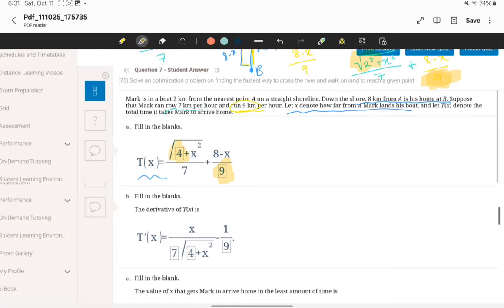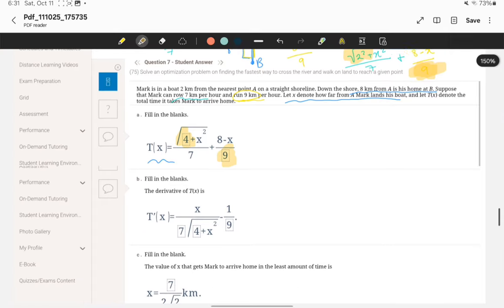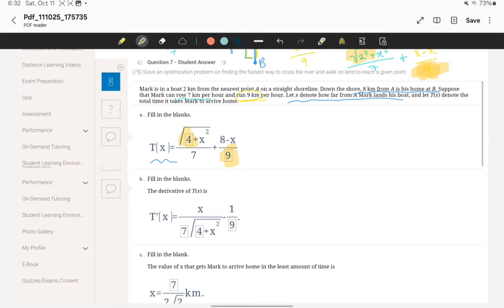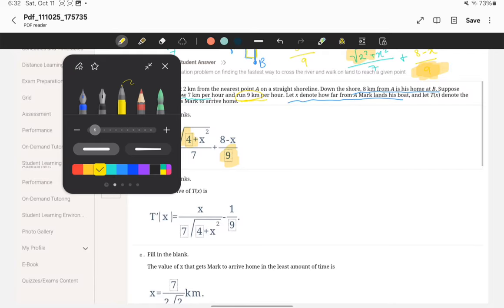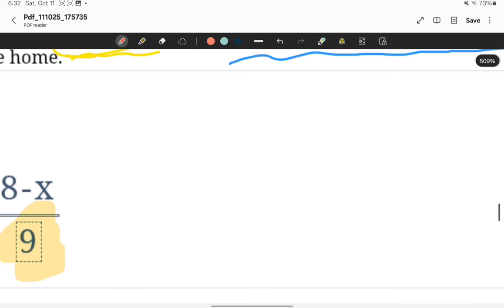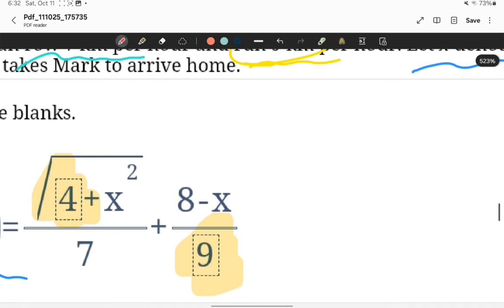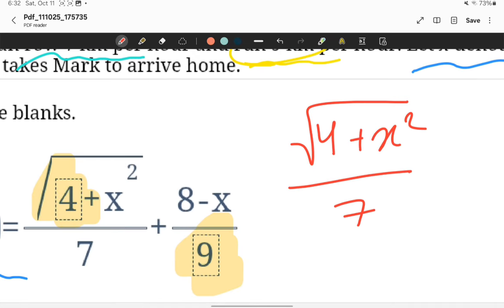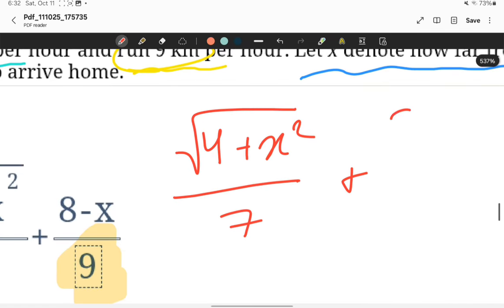Part B, the derivative of this is what? To start deriving, I'm going to rewrite our equation here so that we have space. It's radical 4 plus x squared over 7 plus 8 minus x over 9.